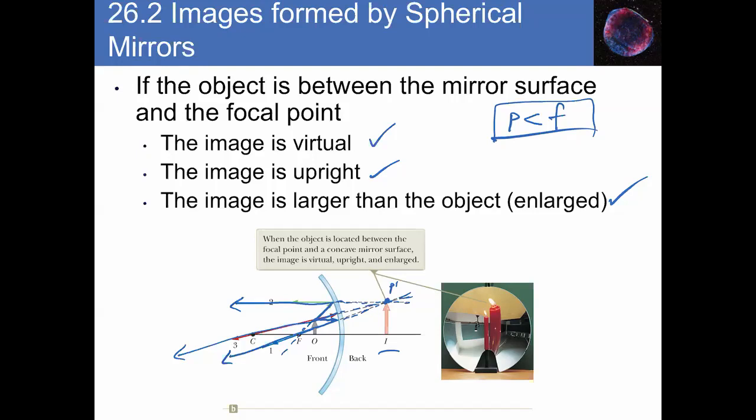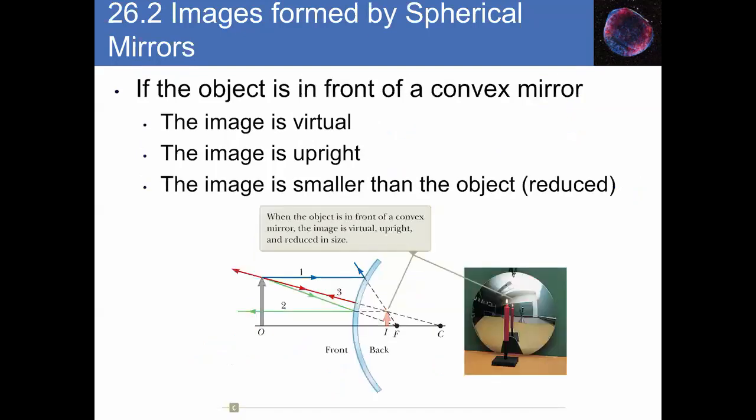That means concave mirrors can give you real images and they can give you virtual images. Those are the two things we can get with a concave mirror. If you go back and look at what we can have with a convex mirror. So remember, this is a convex mirror, right?